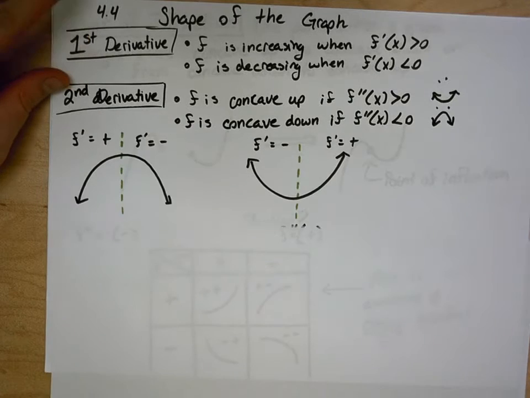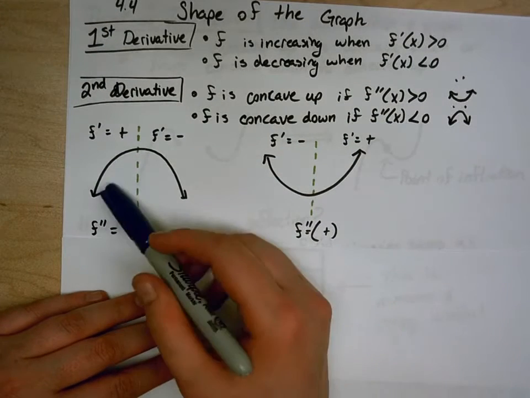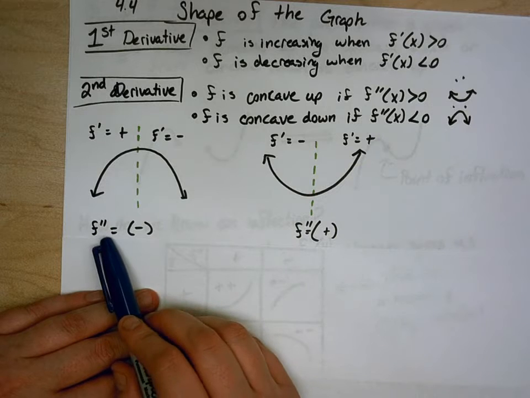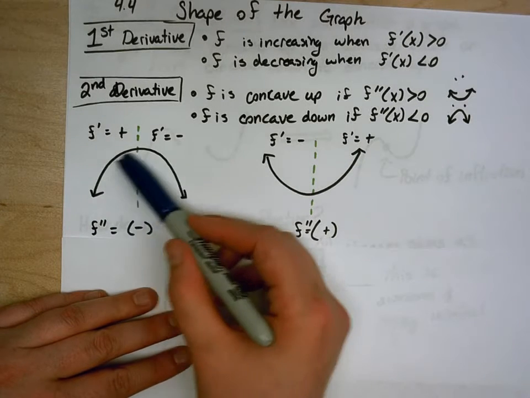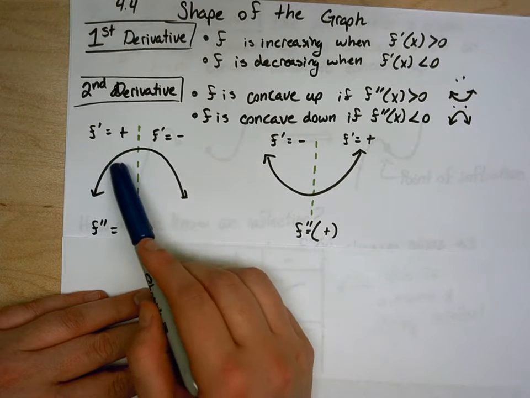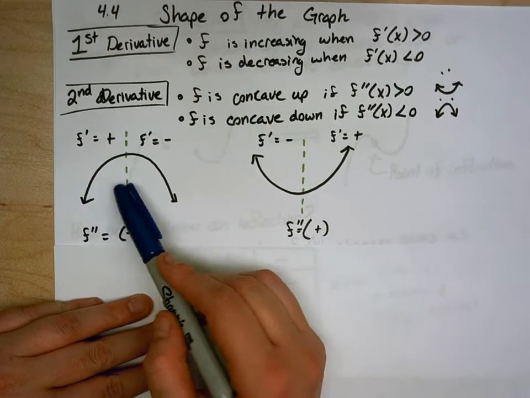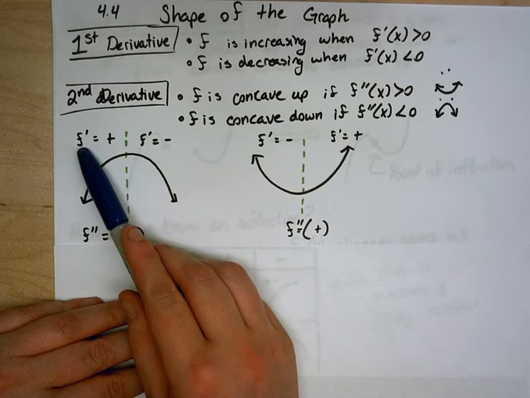I made a little chart here that shows some of the possibilities. Let's say that we find our second derivative and it's negative, then we know it's going to be concave down, and we also know that on this side of that dotted line, the slope is positive, so we know that our f prime is going to be positive.